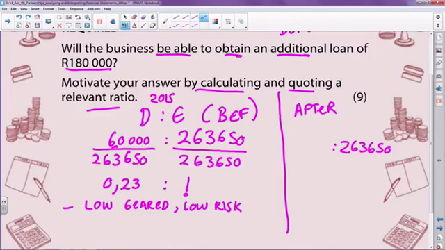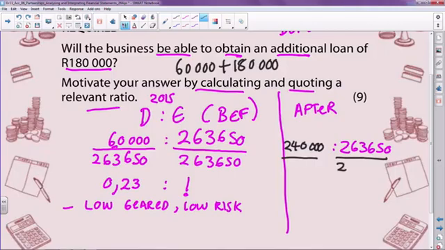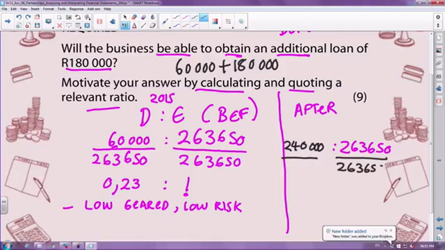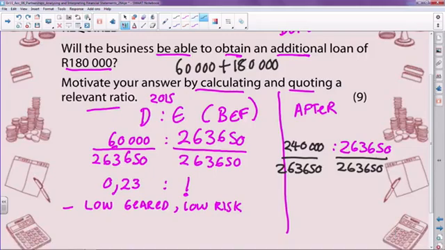So if you borrow an additional 180,000, your debt was 60,000 plus 180,000. So your total debt now becomes an amount of 240,000. Okay, with me. Right, now if we calculate the ratio, I divide again 240,000 by 263,650.